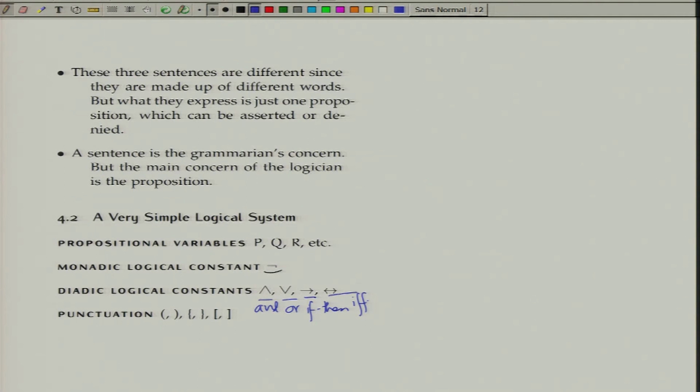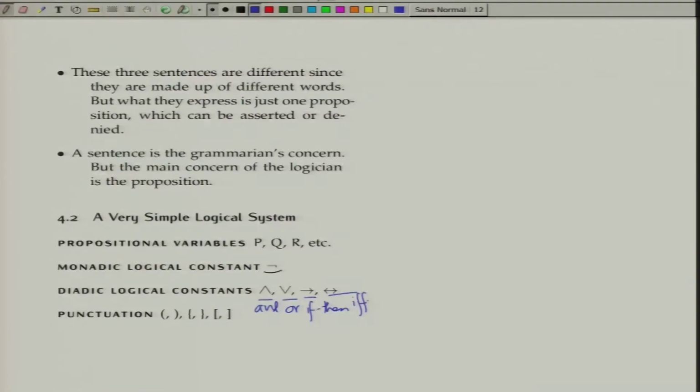Now the point I would like to make here is, we need not interpret these symbols. So the system can survive without being interpreted. We have interpreted in the very beginning, but we could just state the operators and how they form composite sentences out of atomic sentences.